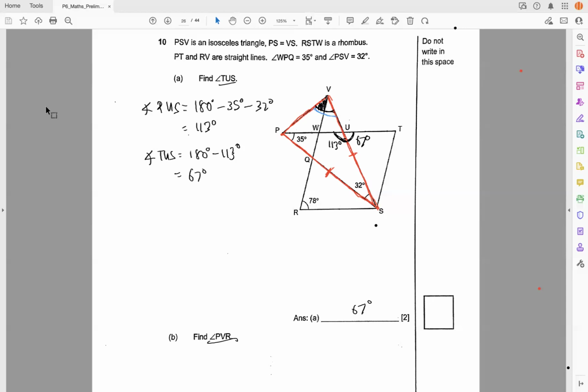The base angle of the isosceles triangle, angle SVP, is equal to 180 degrees minus 32, then the answer divided by 2. You will get 74 degrees. So this is 74 degrees.